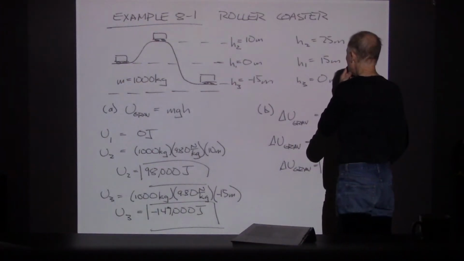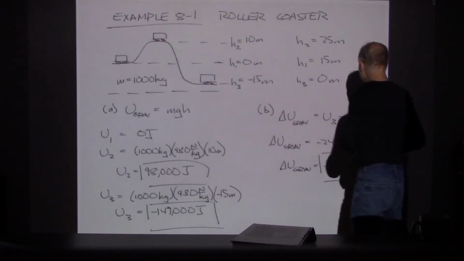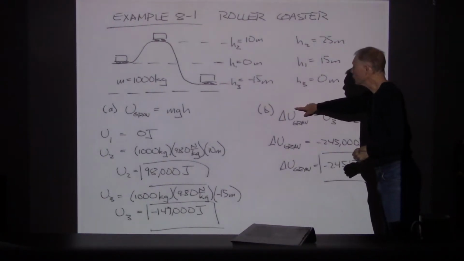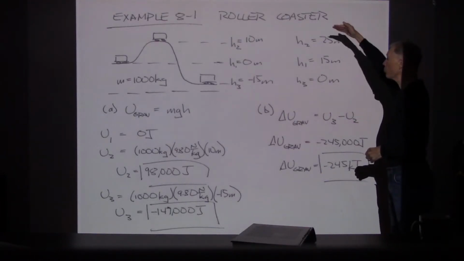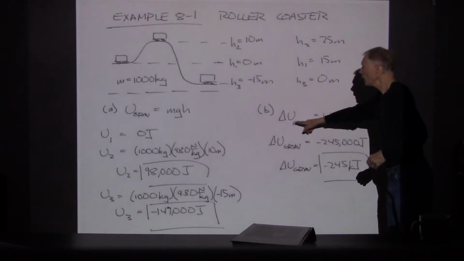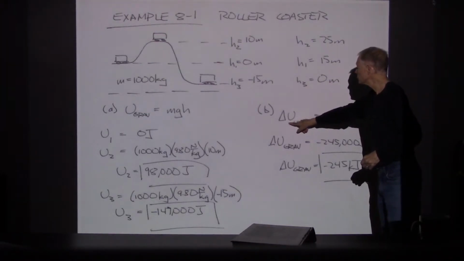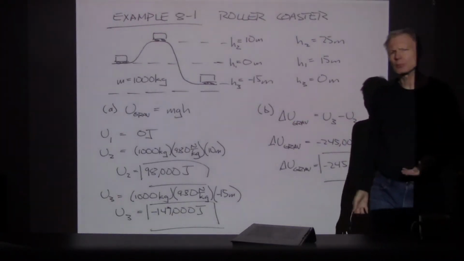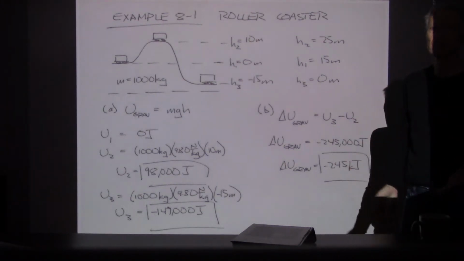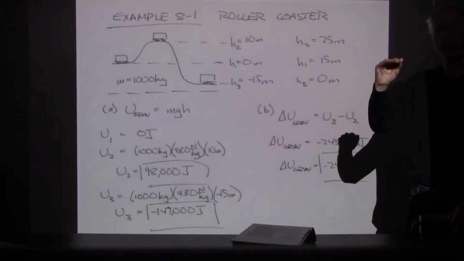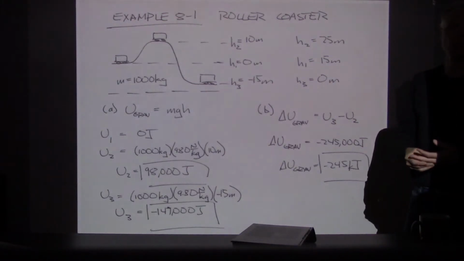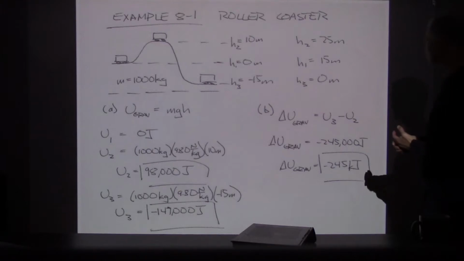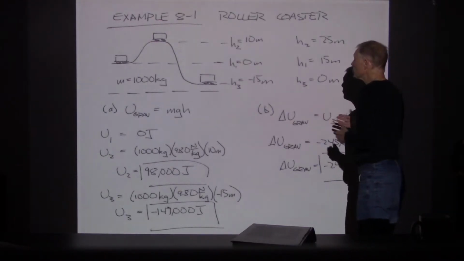I'm going to write this as delta U. In some sense, all these potential energies are delta potential energies because, again, we get to decide where the zero point, where the reference point will be for calculating our potential energies, and then all the potential energies are measured relative to that point.